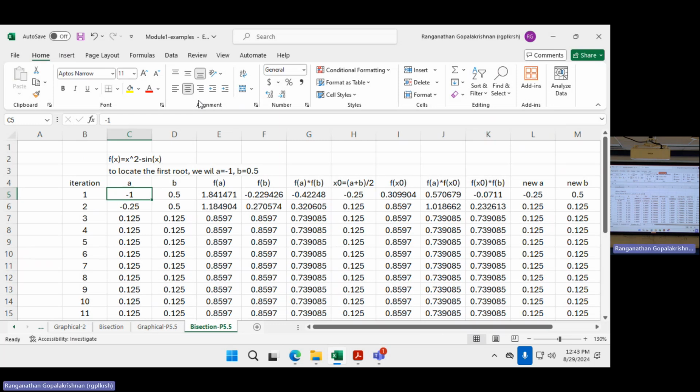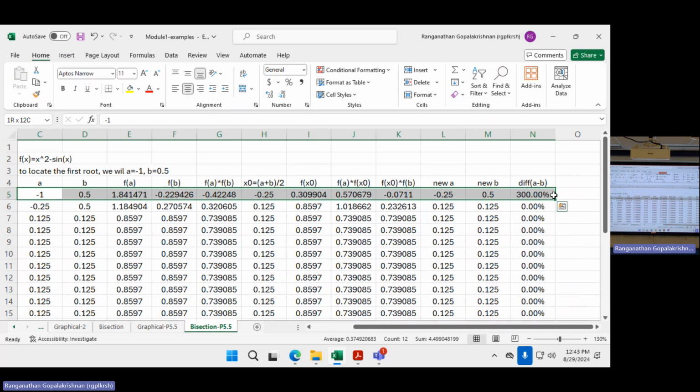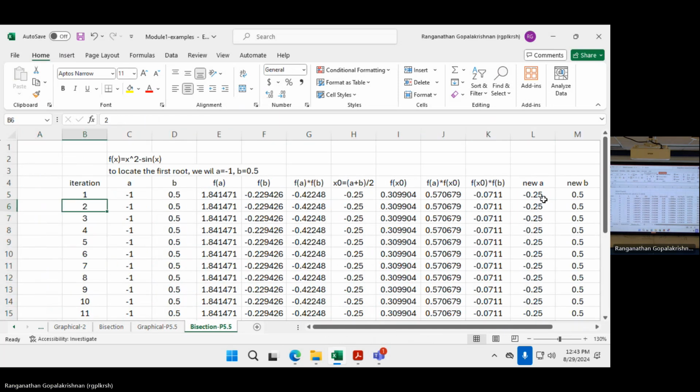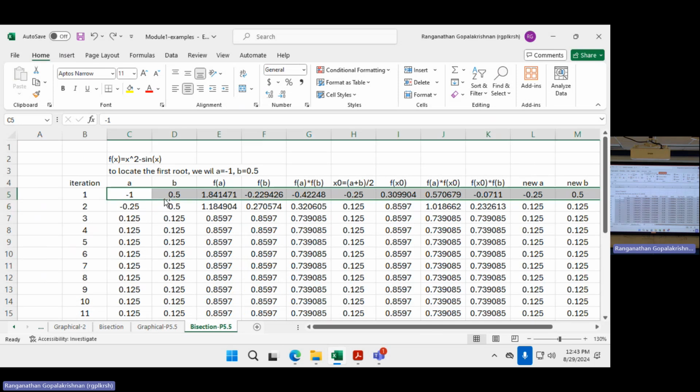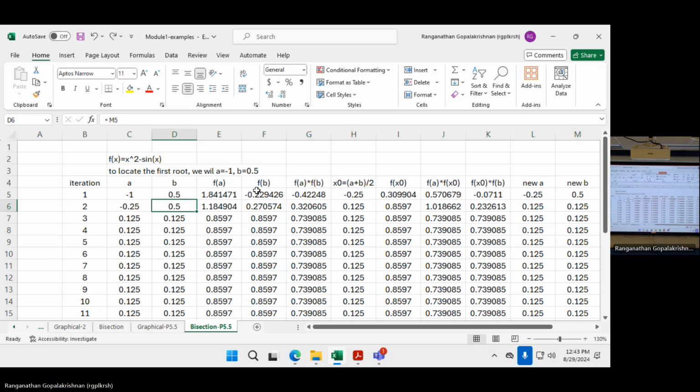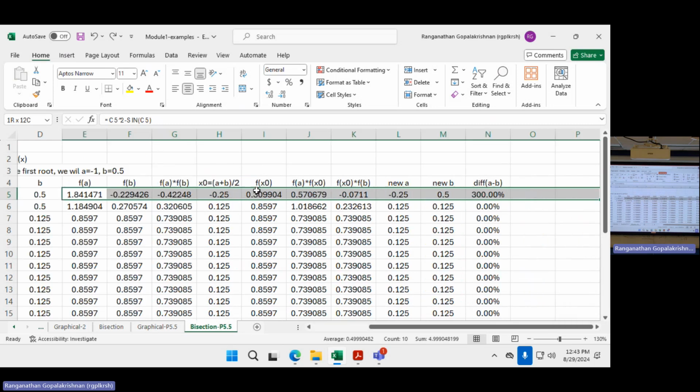So then you just have to copy this and drag it down to as many rows as you want.